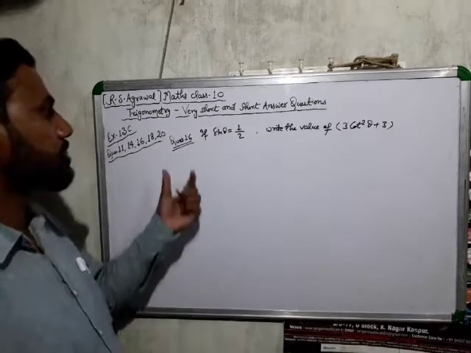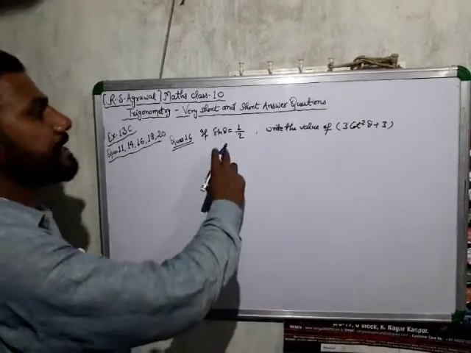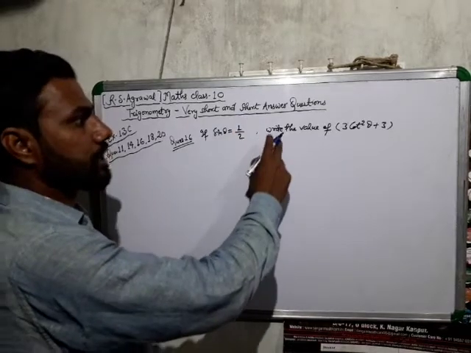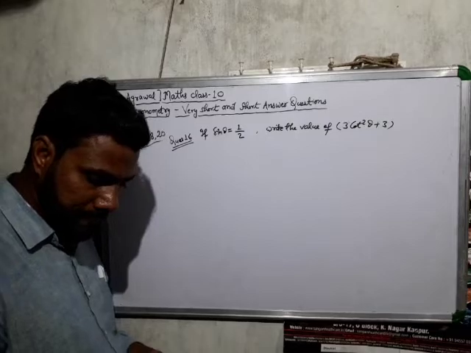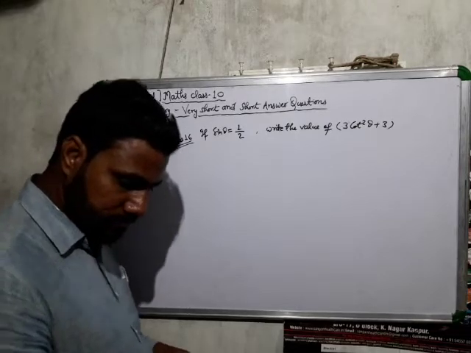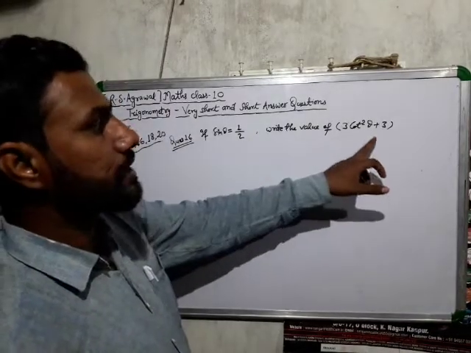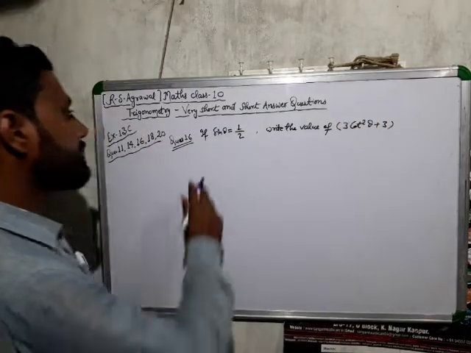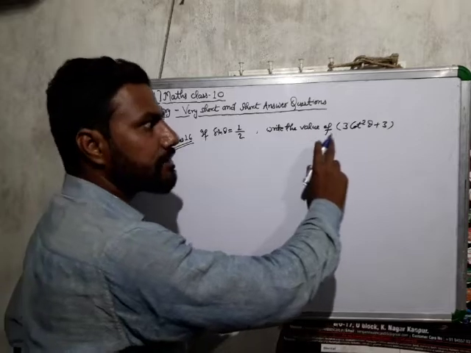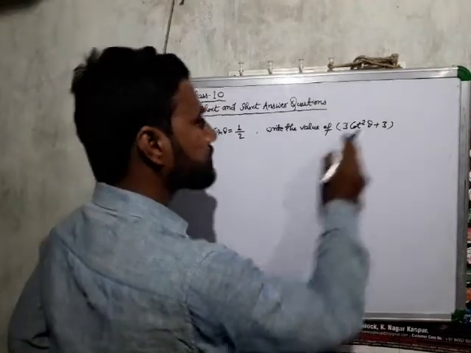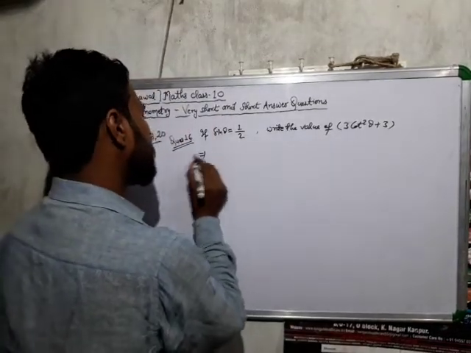Next, question number 16. If sin theta is equal to 1 by 2, write the value of 3 cot square theta plus 3.